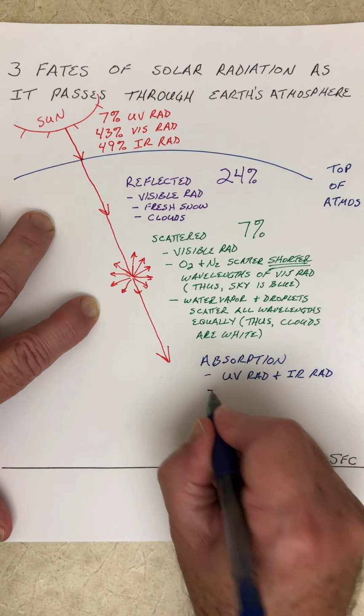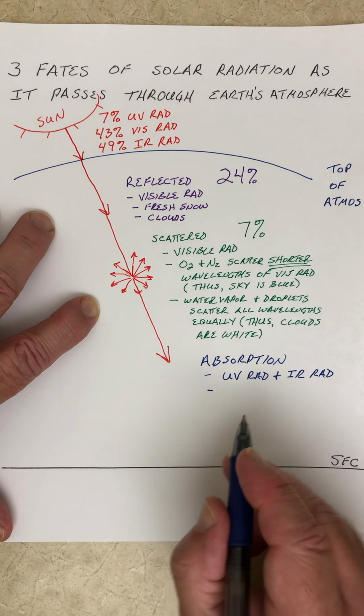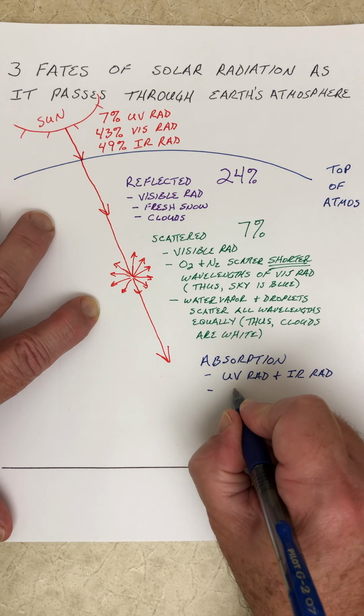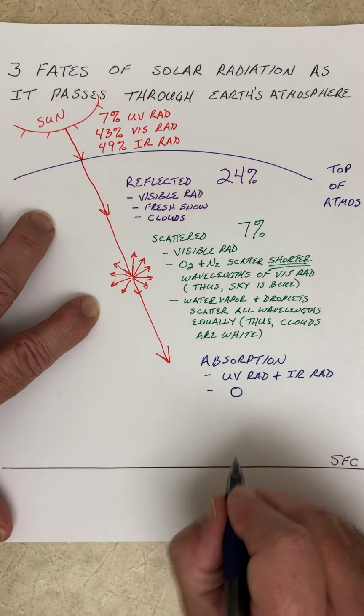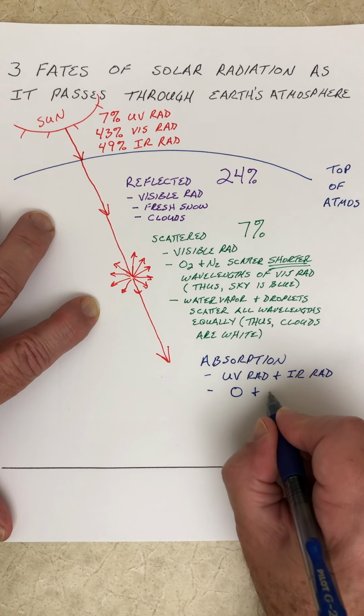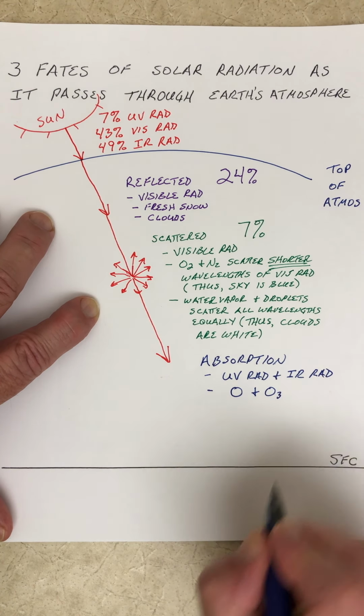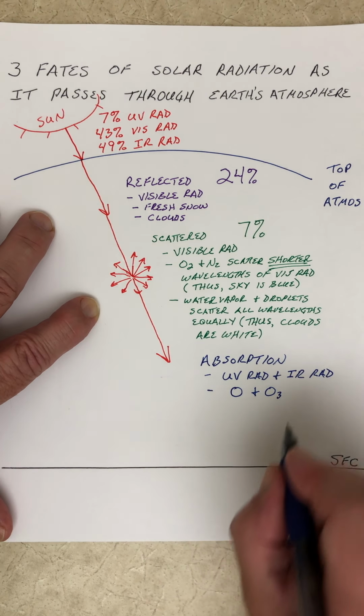So what is absorbing ultraviolet radiation? Atomic oxygen and ozone will absorb ultraviolet radiation.